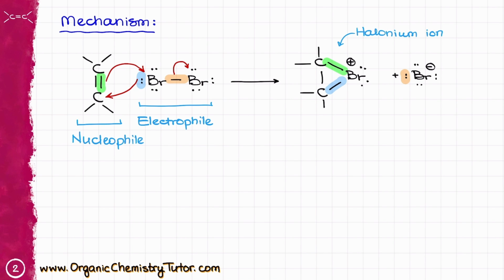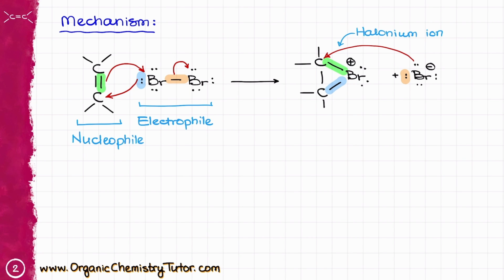We are also going to be commonly referring to this three-membered intermediate as a halonium ion, bromonium ion in this particular case. Now, the next step in this mechanism is going to be the nucleophilic attack, during which the Br- is going to be attacking one of our carbons, and it's going to be forming a new carbon-bromine bond with our second bromine. So let's say my Br- is attacking my top carbon.